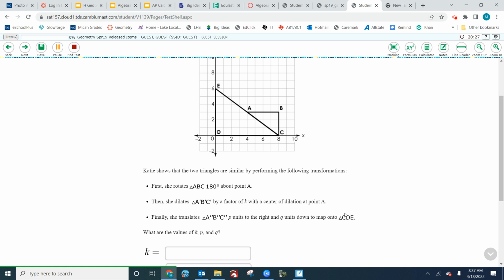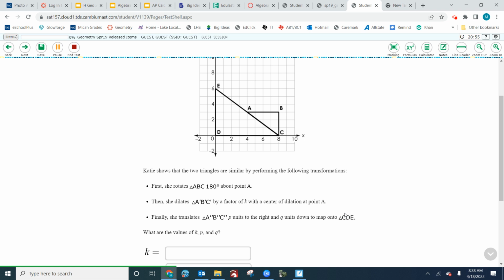What'd you get? I mean, it's probably wrong, but I got 2 for K, dilated by 2, and then for P, I got 4 units to the right, and for Q, I got 3 units down.